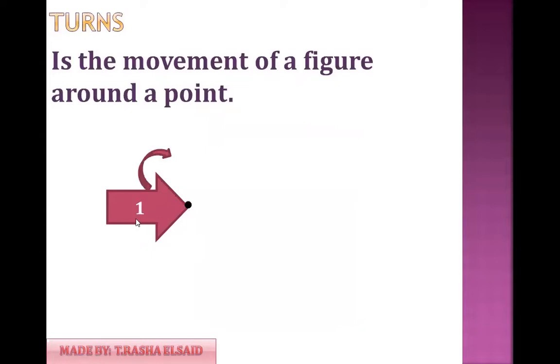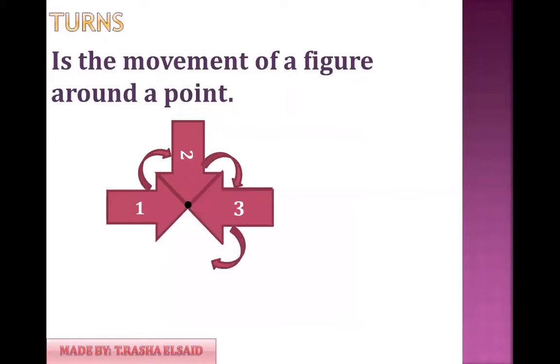This is now 1 and I need to turn this figure. So the next turn will be like that. Then I like to turn it to the next one, I will make it like that. And if I like to turn it again, it will be like that. Then if I like to turn it to its original position, it will be like that.